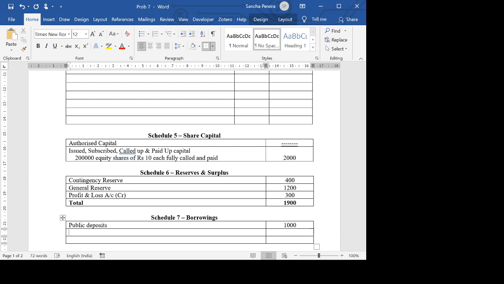And we also have bank loans. Borrowings are basically where the company has borrowed money, either from banks, from other financial institutions, or raised money by issuing deposits. So bank loans, which is 2,000. So the total here is 3,000.